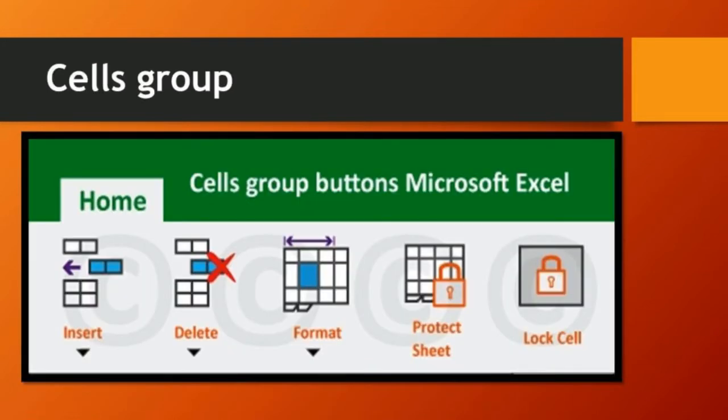Cells group. Rows and columns can also be formatted as desired. The user can not only insert cells, rows, and columns but can also insert a worksheet. Unwanted cells, rows, columns, or worksheets can be deleted using the Cells group of the Home tab.